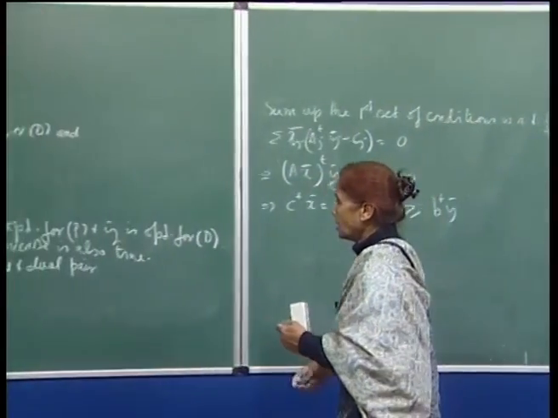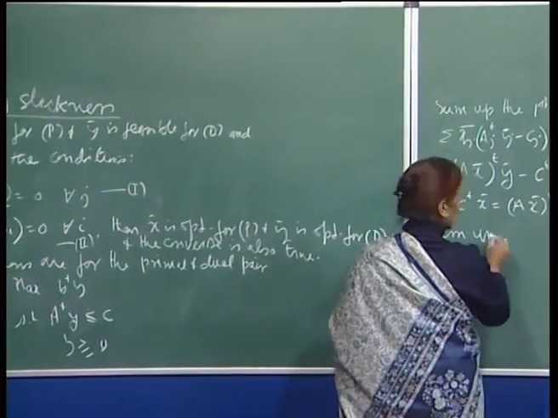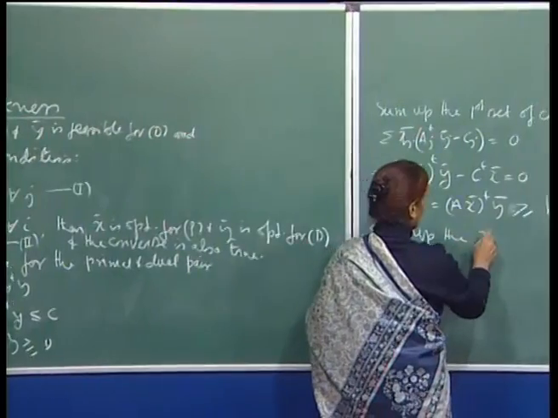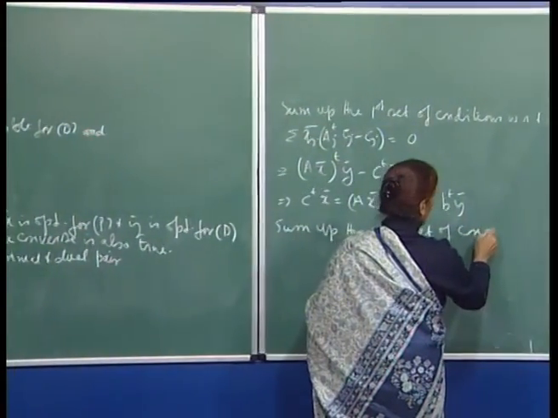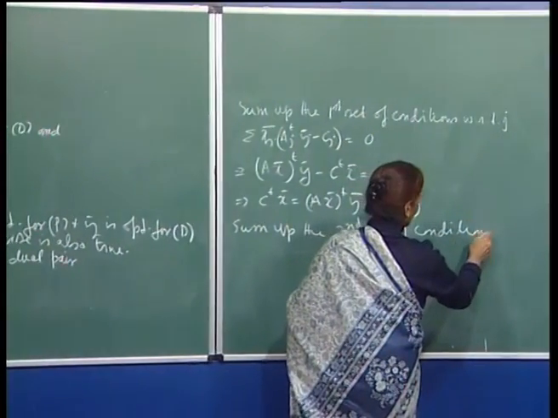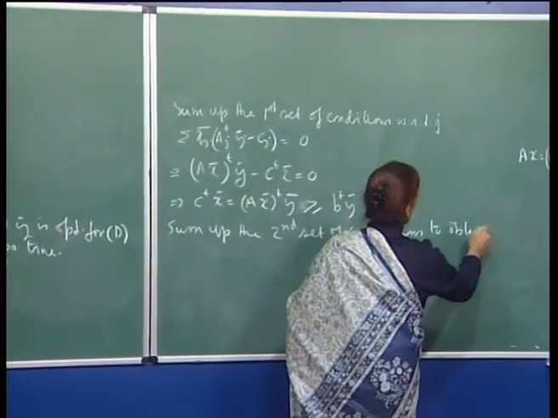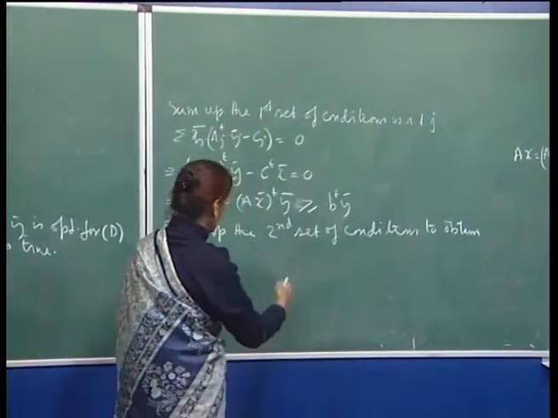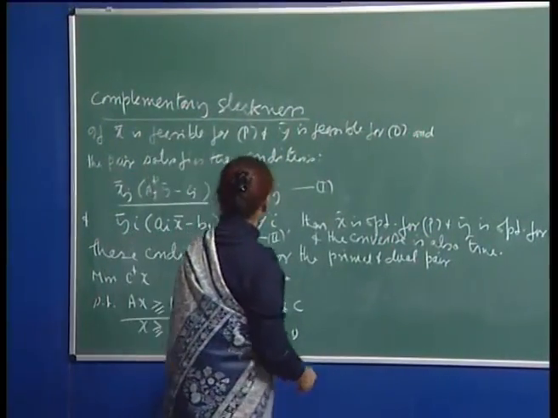Then from here, from the second one, sum up the second set of conditions to obtain conditions with respect to i. Of course, we are summing up with respect to i, and here you will get what?